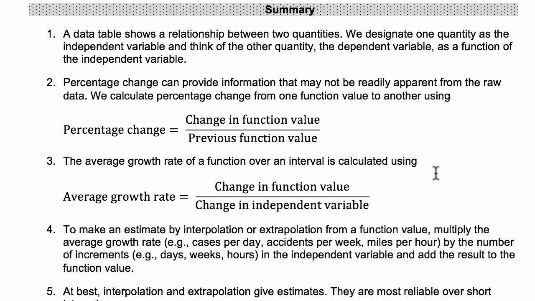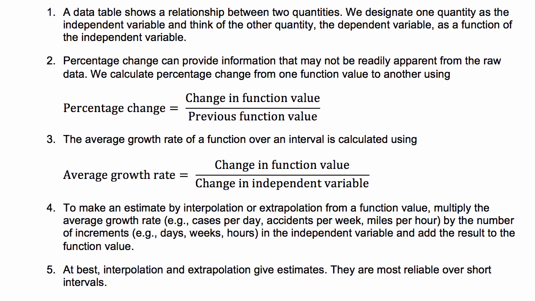Number 3. The average growth rate of a function over an interval is calculated using this formula. Change in function value divided by change in independent variable. Notice the numerators for both percentage change and average growth rate are the same. Number 4.